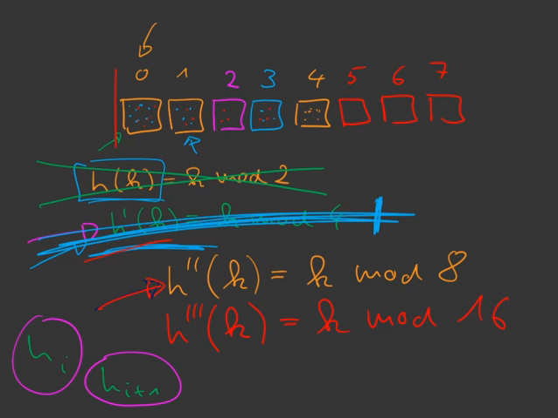Now you see that, in order to make this work, this depends on the right choice of hash functions. Here you saw already the idea, so you had modulo 2, modulo 4, 8 and 16.